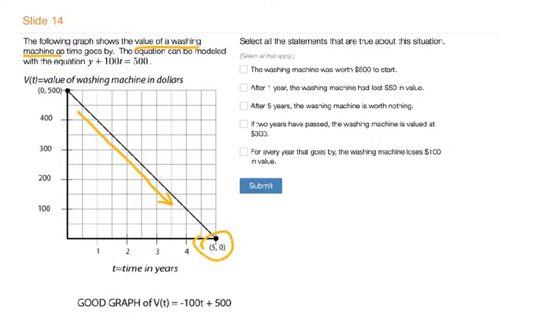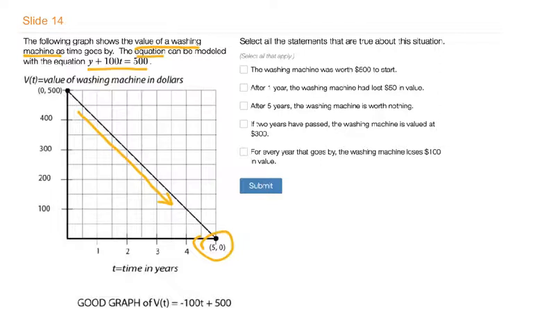All right, so now we also know that we were given an equation, and this graph can be modeled by this equation, y plus 100t is equal to 500.